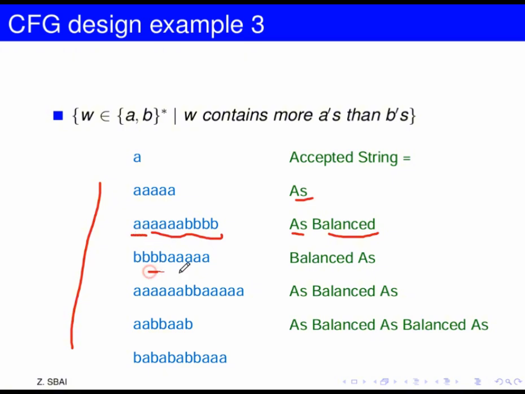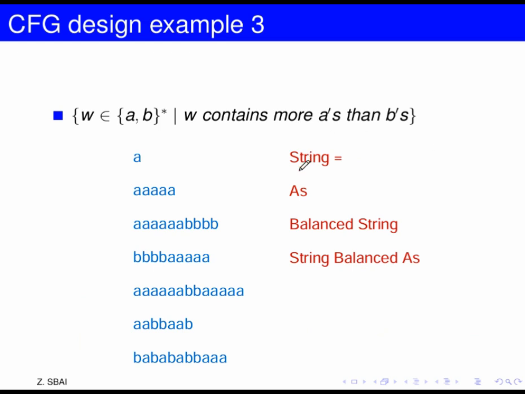It may be the reverse, some balanced string followed by a number of A's, and also it may be a number of A's followed by a balanced string followed by A's. It may also be A's, then balanced, then A's, then balanced, then A's. So any occurrence of these patterns will be accepted.